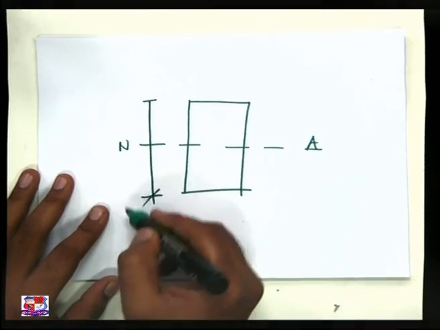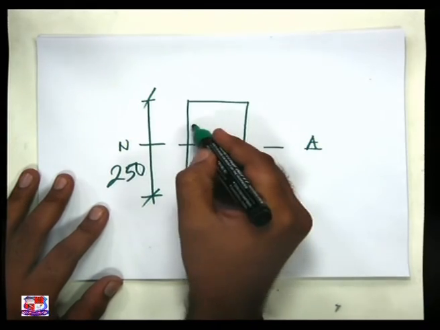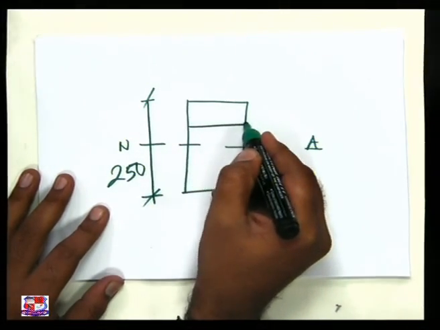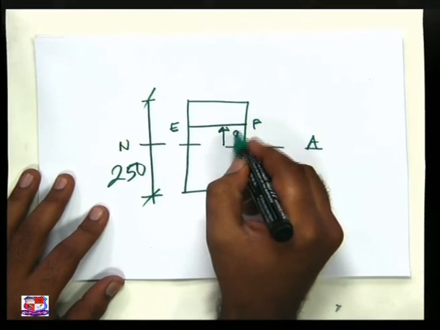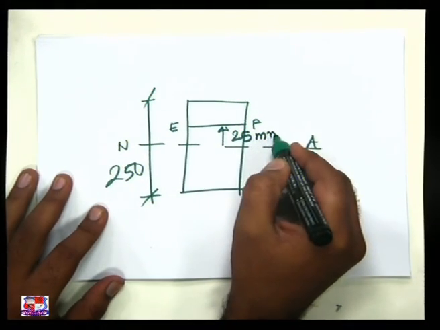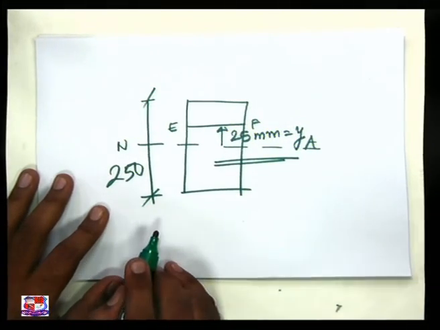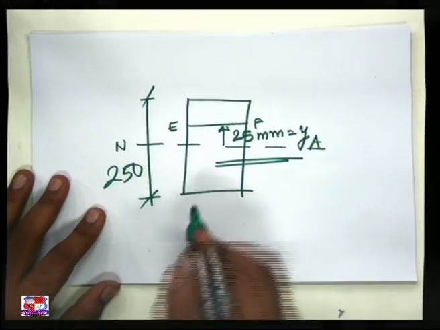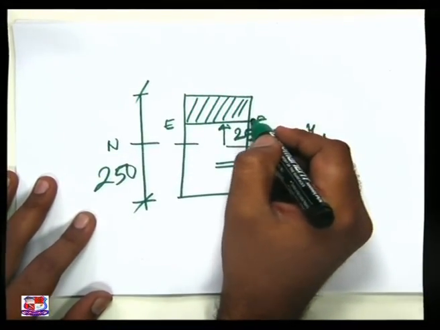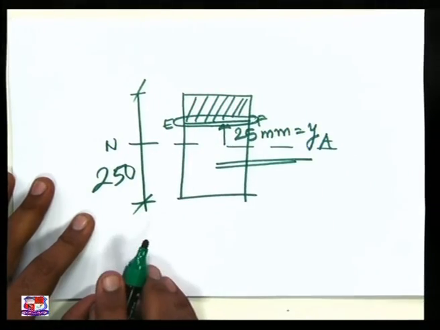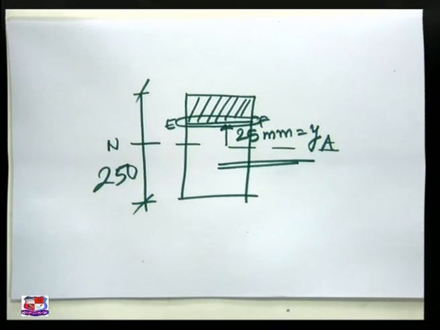The total depth available for us is 250. This layer, which has been given to us as 25 mm, is y. The intention is to find out what will be the shear stress acting at the layer 25 mm above the neutral axis.